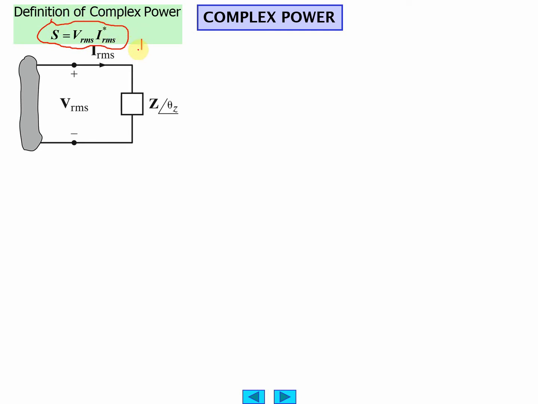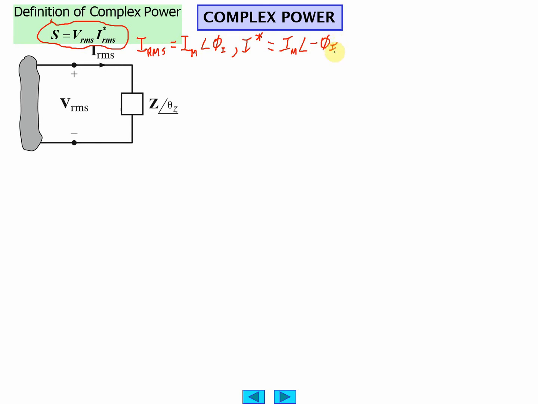So if I_RMS equals its magnitude, I_m, I'll call it m, at some angle phi of the current, then I star, complex conjugate, same magnitude, angle negative phi.